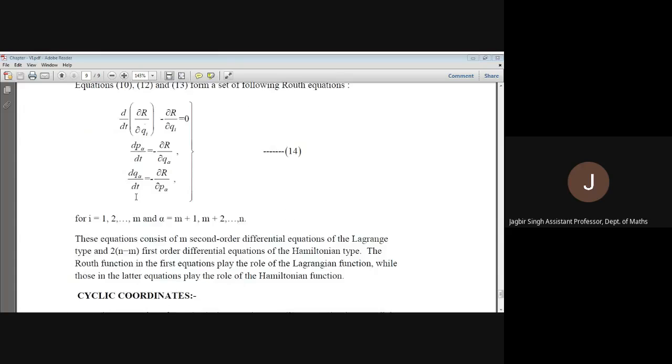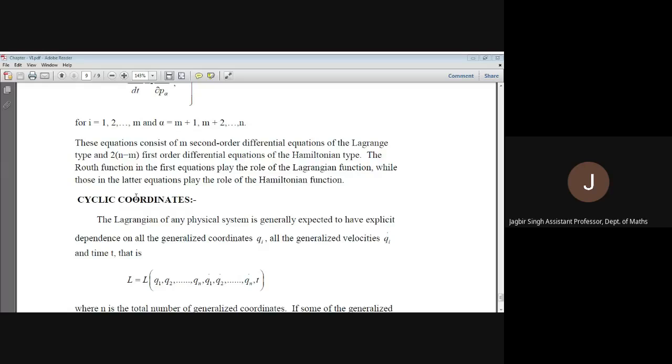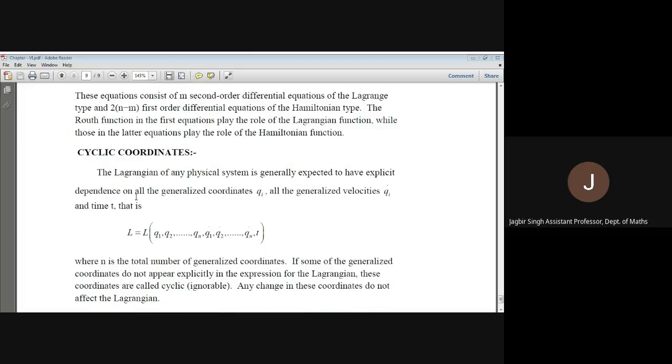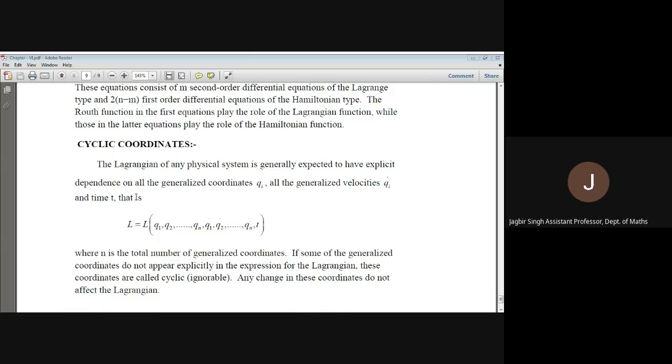Okay, so after that there is a definition of cyclic coordinates, which we can also call ignorable coordinates. Those coordinates for which the system is independent, or those coordinates which do not exist explicitly in the expression of the problem or the constraint equations or anywhere, are known as ignorable or cyclic.